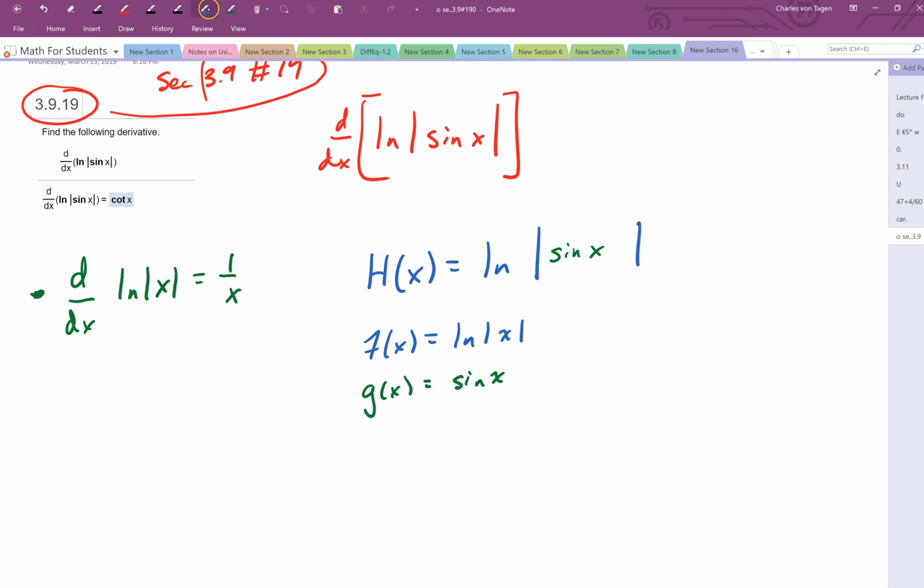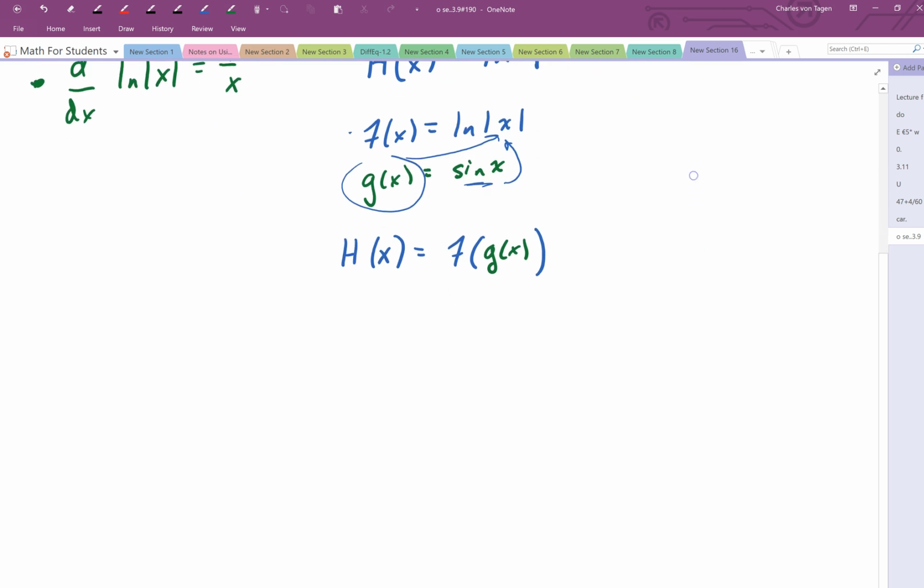So hopefully you can see, if not, let me know, that h of x is equal to f of g of x. That is, I took the function f of x, and in place of the x right here, I plugged in what g of x is, which is the sine of x. Okay. So that might make it a little bit easier to see that this is a chain rule problem.